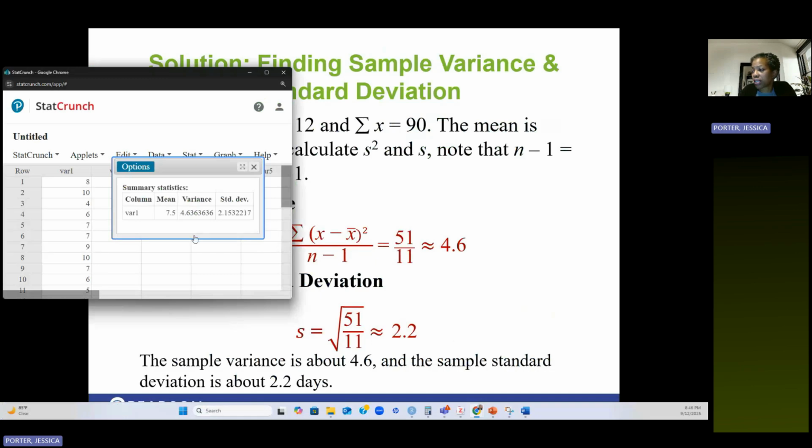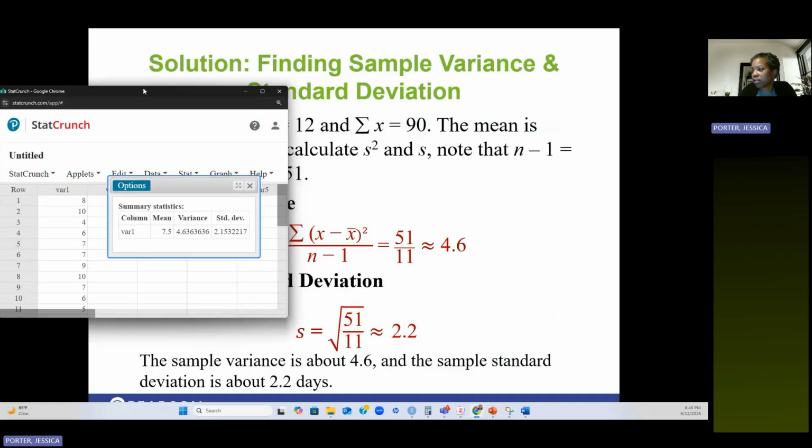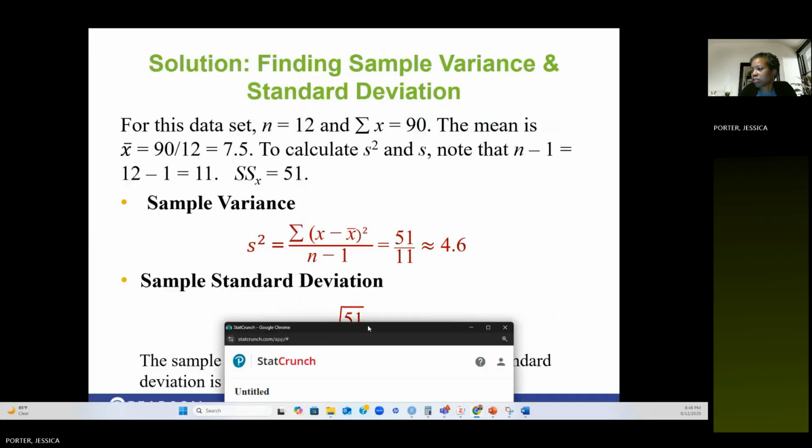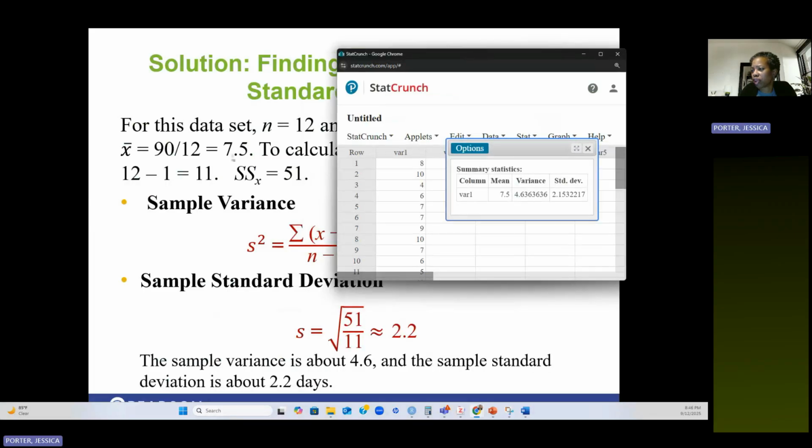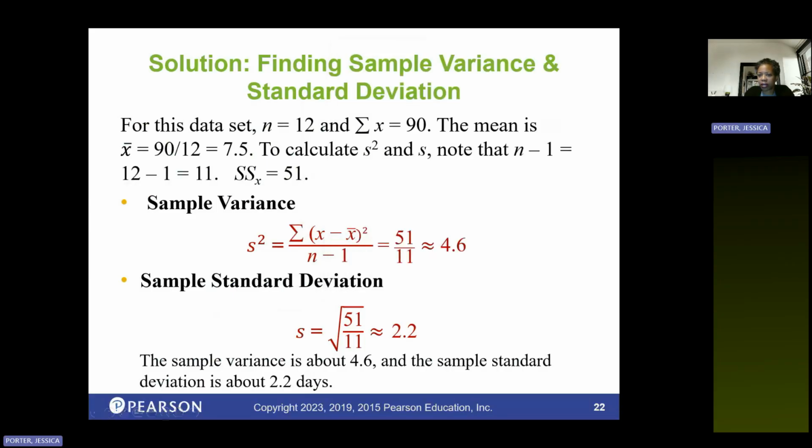We have 4.6 is our variation. 7.5 was the mean. Okay, I was looking for the mean on the page. 7.5, there it is. There's the mean. And then the standard deviation is 2.2, or what we got was 2.15, and they just took it to one decimal place.